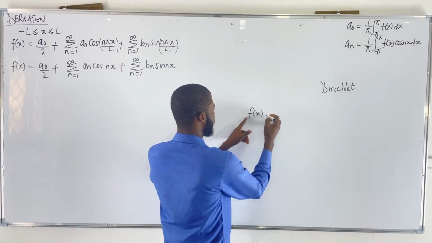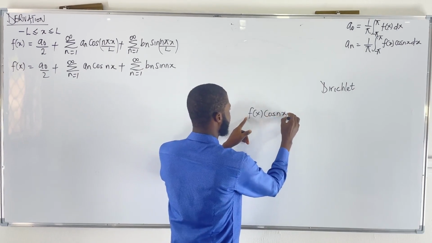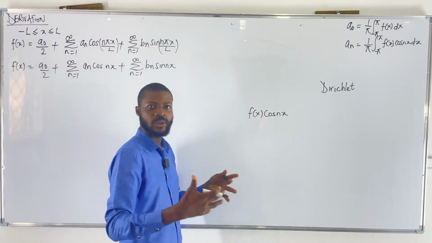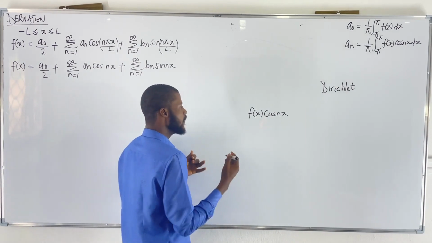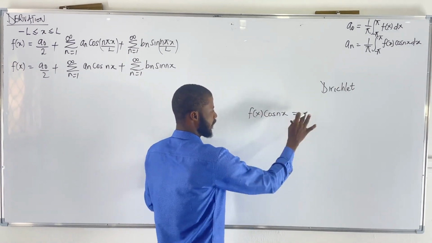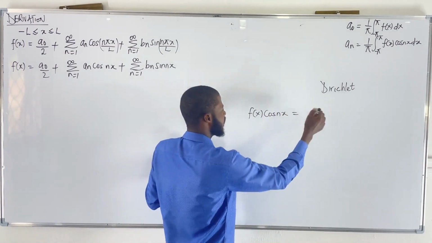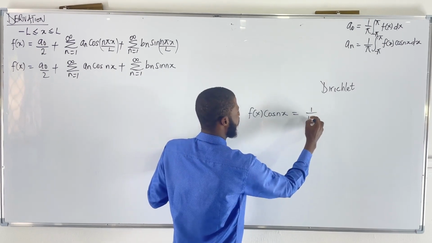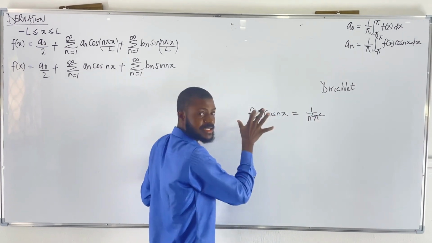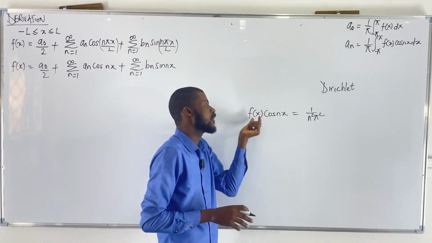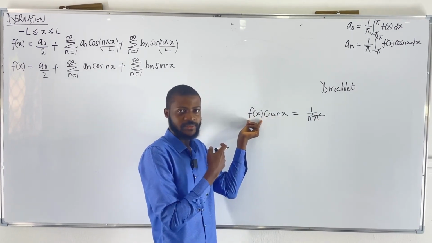So when I do f of x and then I multiply by cos nx, I'm going to be having a much larger expression. Now, if there's an answer, let me say some answer, maybe 1 over n squared pi squared, it means cosine was present in the function.